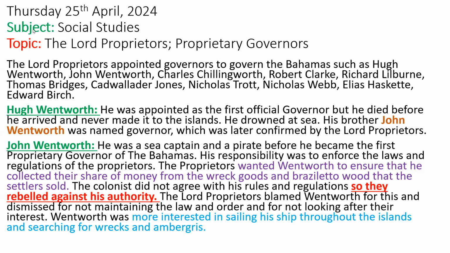The colonists did not agree with his rules and regulations, so they rebelled against his authority. The Lord proprietors blamed Wentworth for this and dismissed him for not maintaining the law and order and for not looking after their interests. Wentworth was more interested in sailing his ship throughout the islands and searching for wrecks and ambergris.